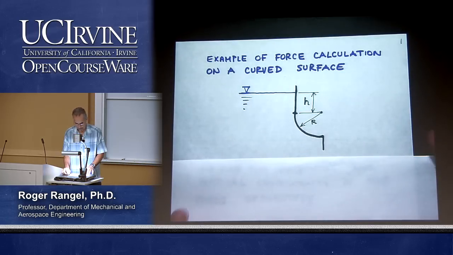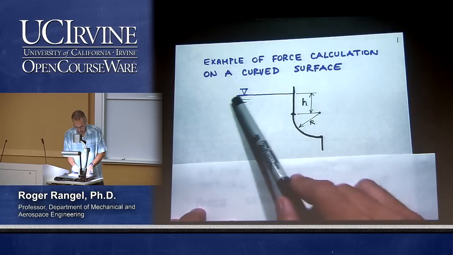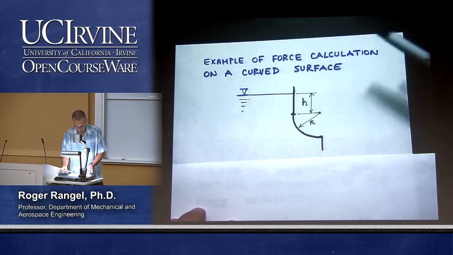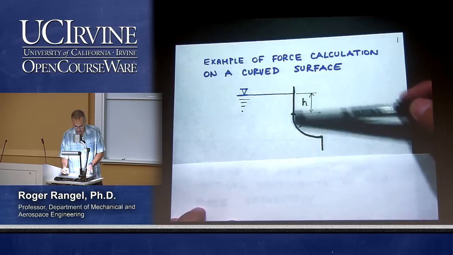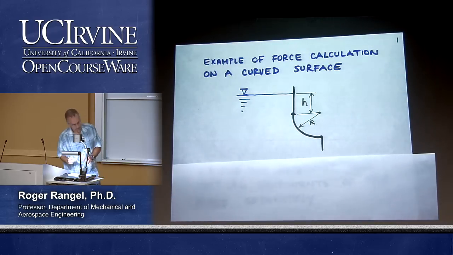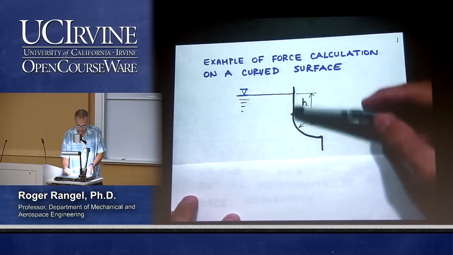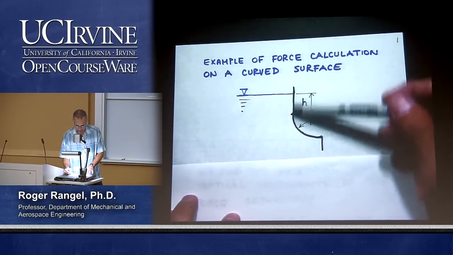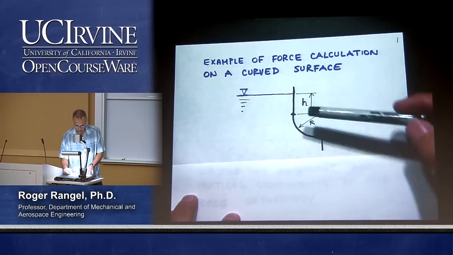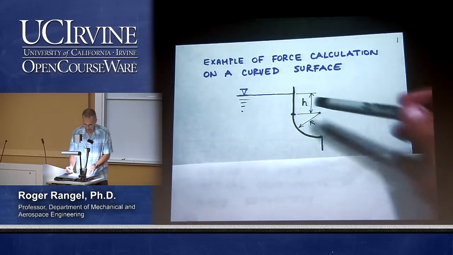And I picked this example where we have a liquid in a tank, and the free surface of the liquid is right here. And then this side of the tank has this wall that has this interesting shape. So there is first a section of the wall that is straight, and we know the depth of the water in that straight section up to the point where the curved portion of the wall begins, and that depth is h.